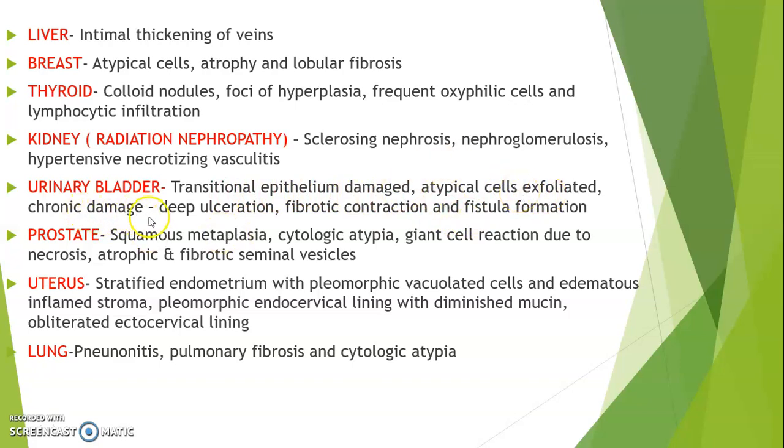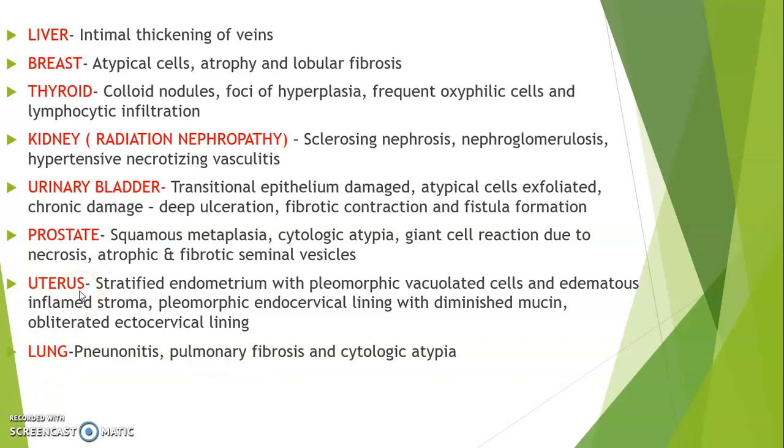The chronic damage will cause deep ulceration, fibrotic contraction, and fistula formation. Post-irradiation prostate will show squamous metaplasia, cytologic atypia, giant cell reaction due to necrosis, atrophic and fibrotic seminal vesicle.